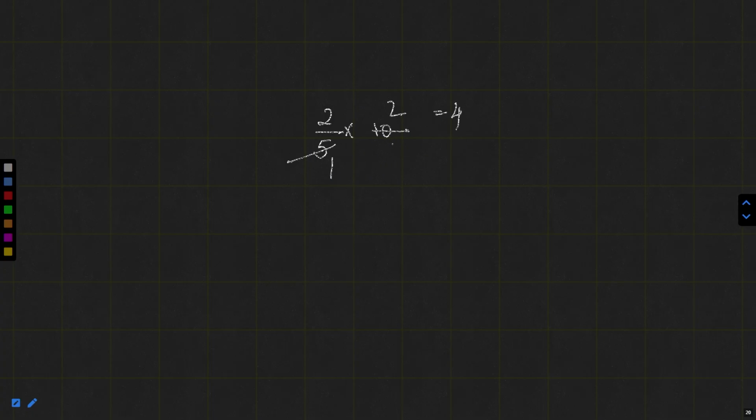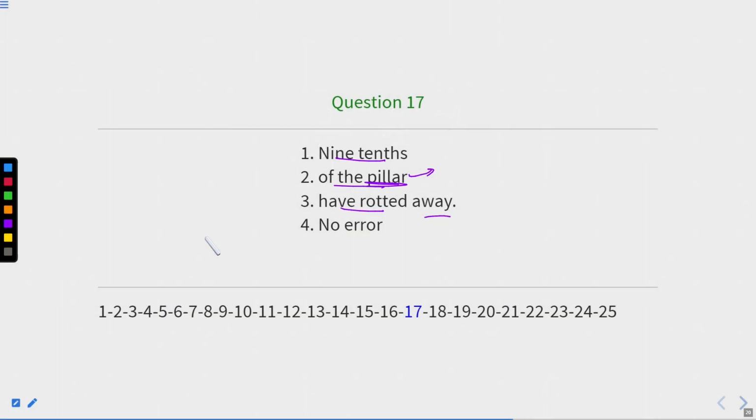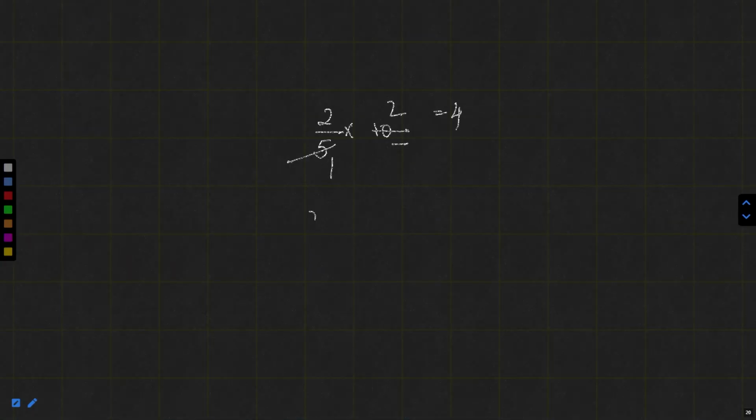So 2 by 5 of 10, that can be measured. If I say 9 by 10 of 100, of course 0 will cut 0 and 9 tens are 90. So 9 by 10 of 100 is equal to 90.